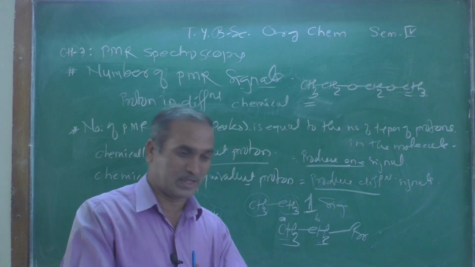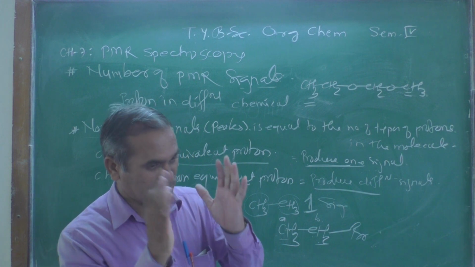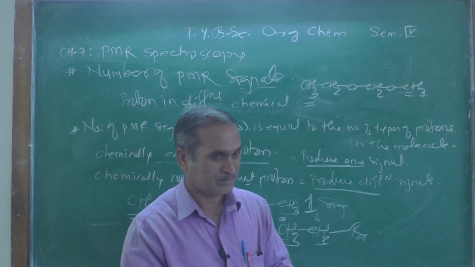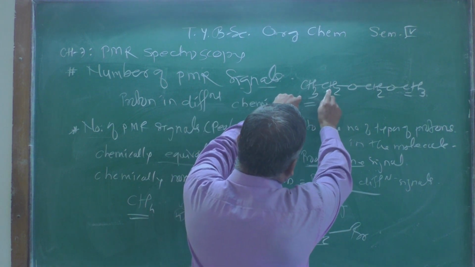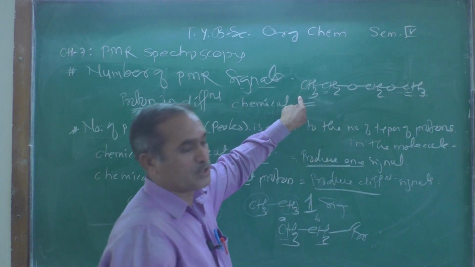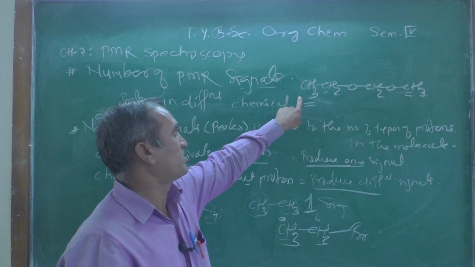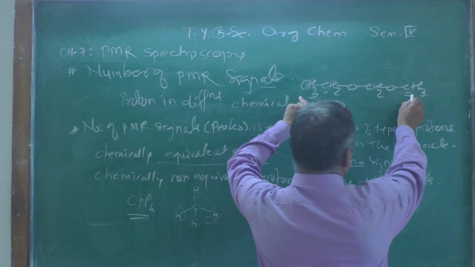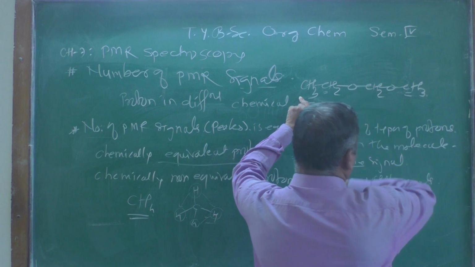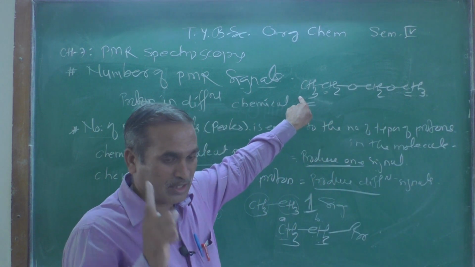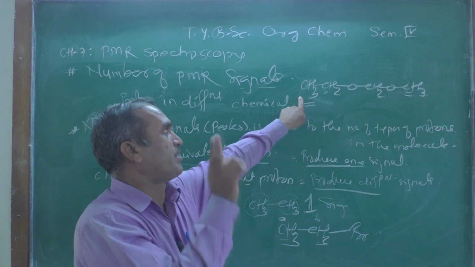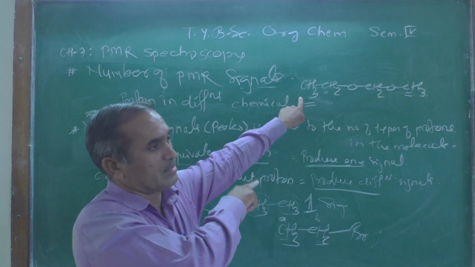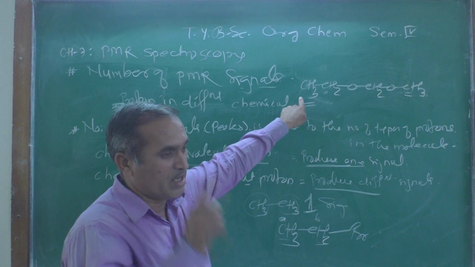Are these two methylene groups the same or different? See, this methyl group is attached to a methylene group, CH2, right? And this methyl group is attached to the oxygen, so the chemical environment around it is different.